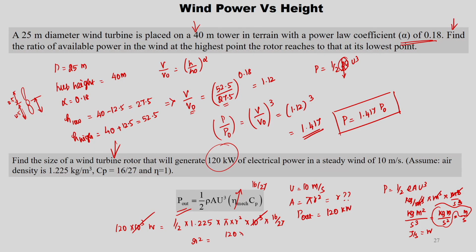So, 120 into 2 in the numerator, divided by 1.225 into pi, into 16 upon 27, which is nothing but 0.593. So, this is nothing but r square. From this, if you calculate, r should be 10.2 meter. So, this is nothing but rotor radius.